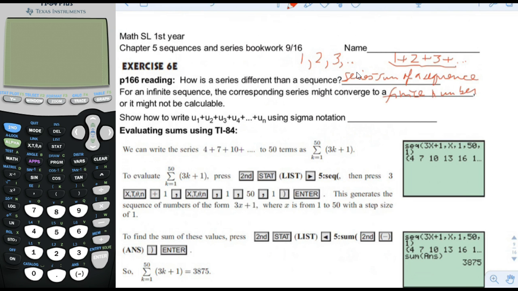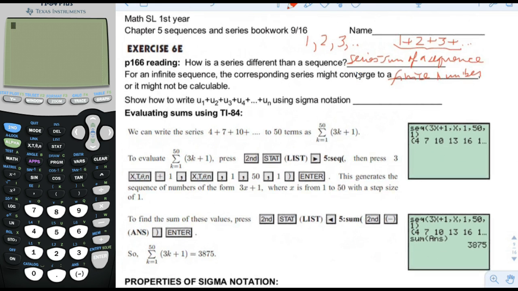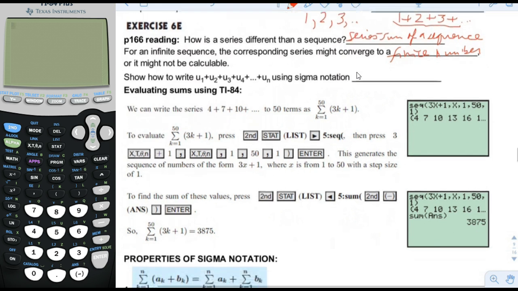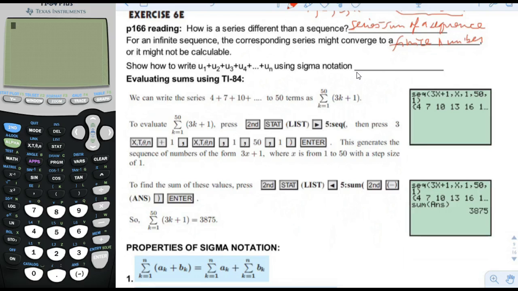Probably most sequences that you can think of, if you tried to add up all the numbers, would be infinity as far as the sum. But in some special cases, even though the sequence goes on forever, it actually adds up to a finite number. And maybe you can't imagine how that could be, but we're going to see that in the next couple pages.